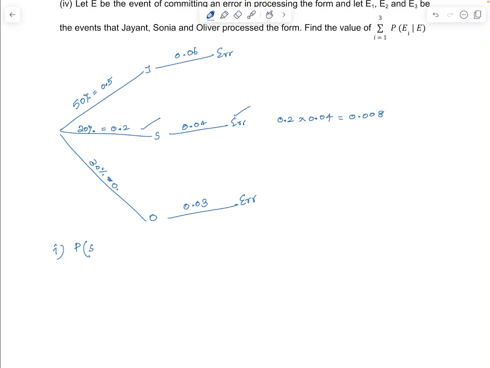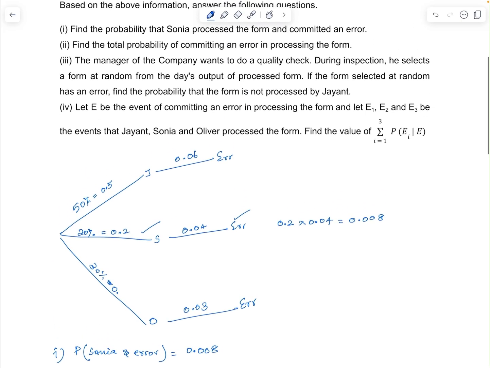P of Sonia and error has happened, which is equal to 0.008.